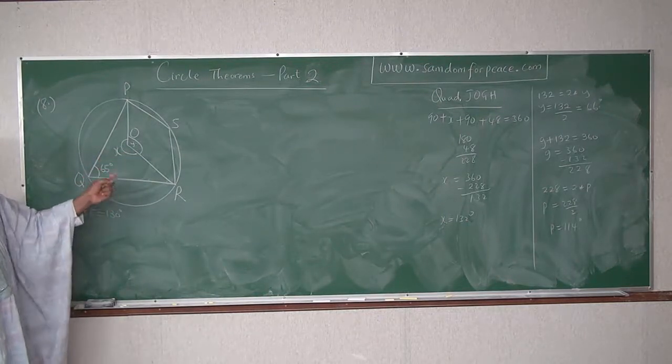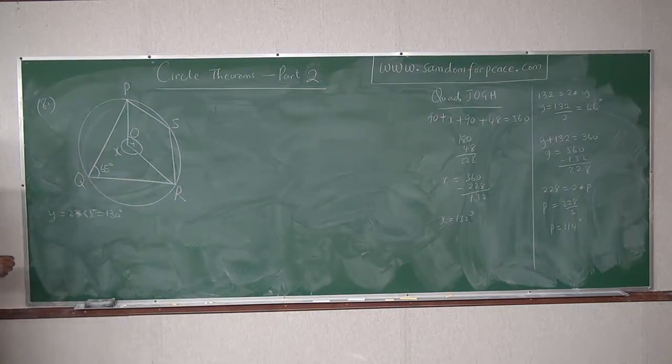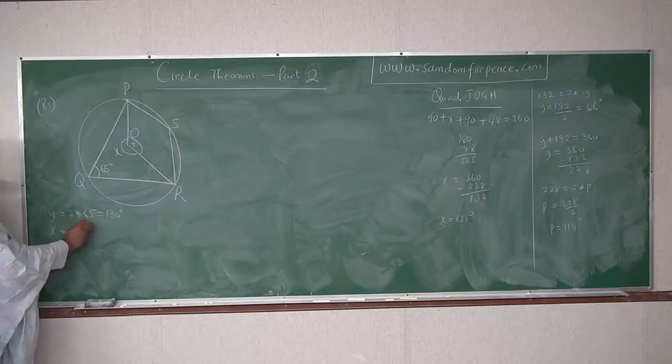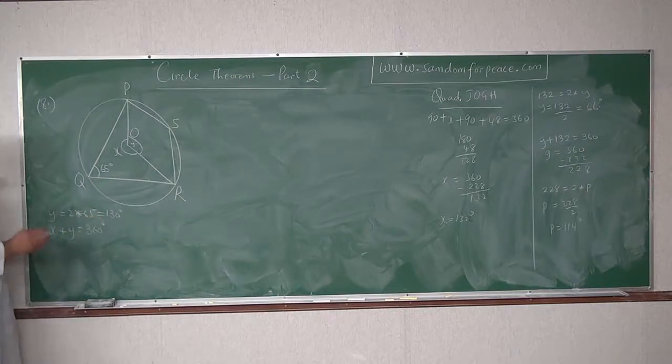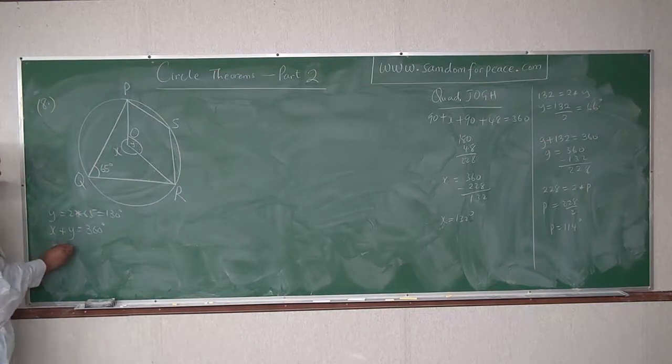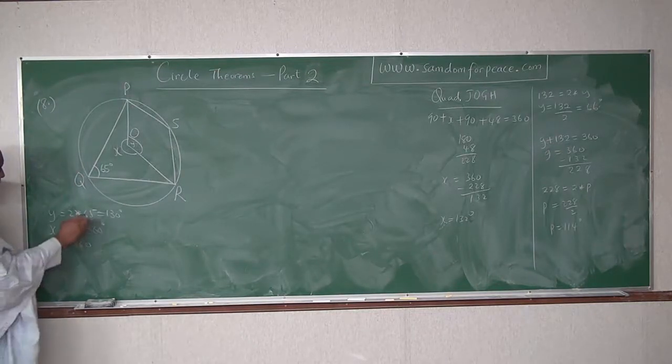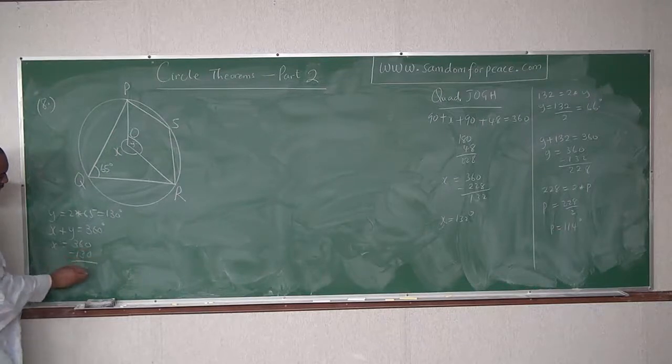Then X plus Y is 360 degrees. Reason, angles around a point. So X is 360 minus Y, and our Y is 130. So X is 230 degrees.